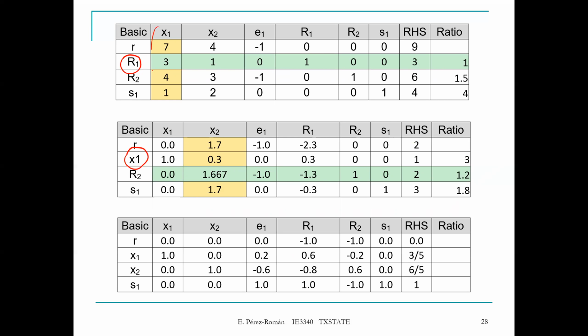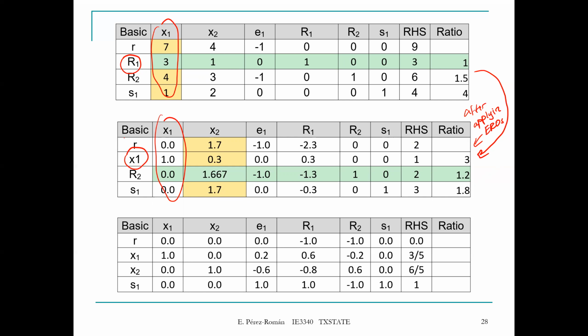So we have to change this using the elementary row operations to this format. This tableau shows the resulting values after applying the elementary row operations. So we went from here to here. At this point, we again check whether or not we have an optimal solution.